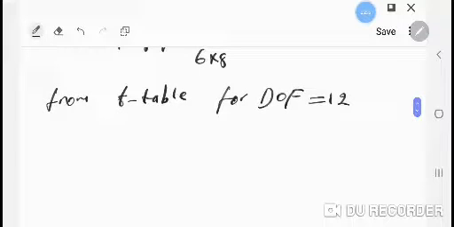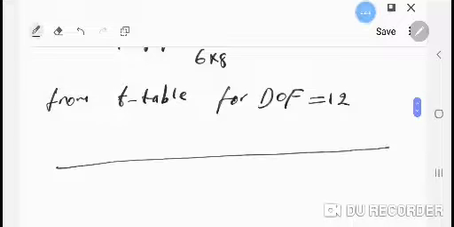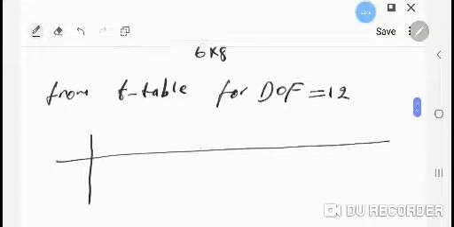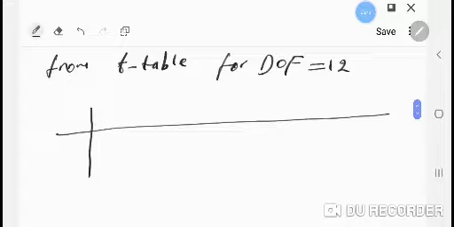In the t-table, which shows the probability percent level, the table is based on degrees of freedom.